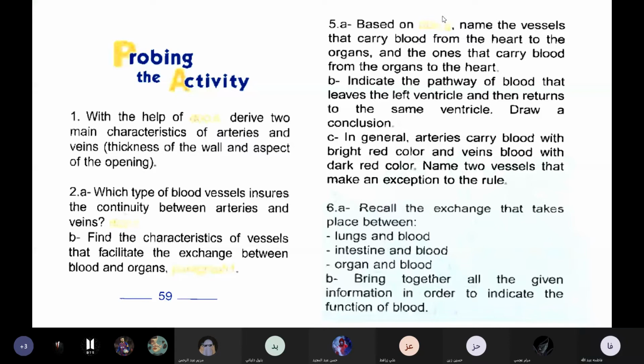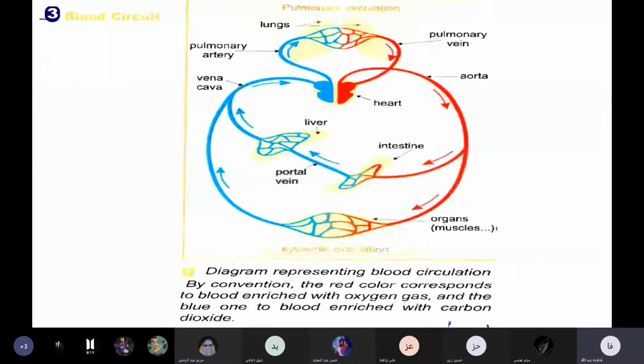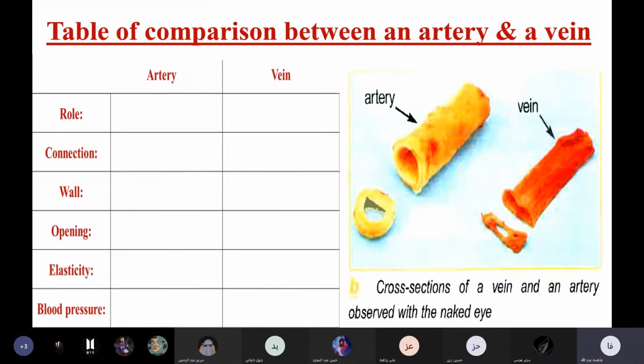Okay. With the help of document A, derive two main characteristics of arteries and veins: thickness of the wall and aspect of the opening. I need to go back to this drawing. The thickness of the wall of the artery and the vein.